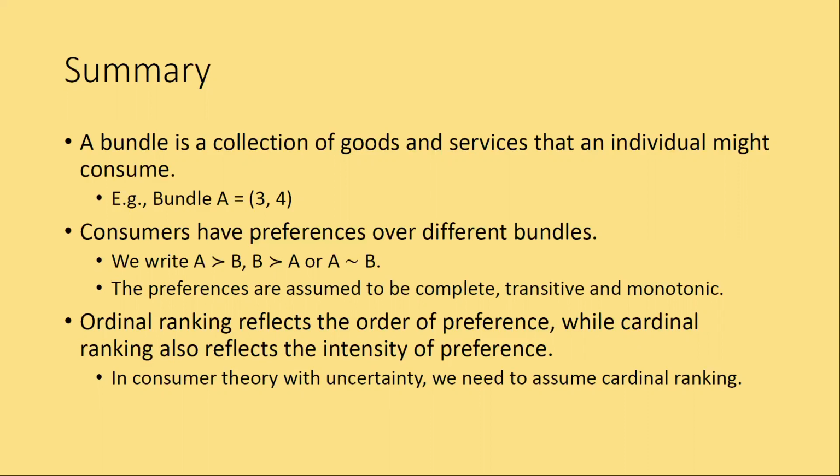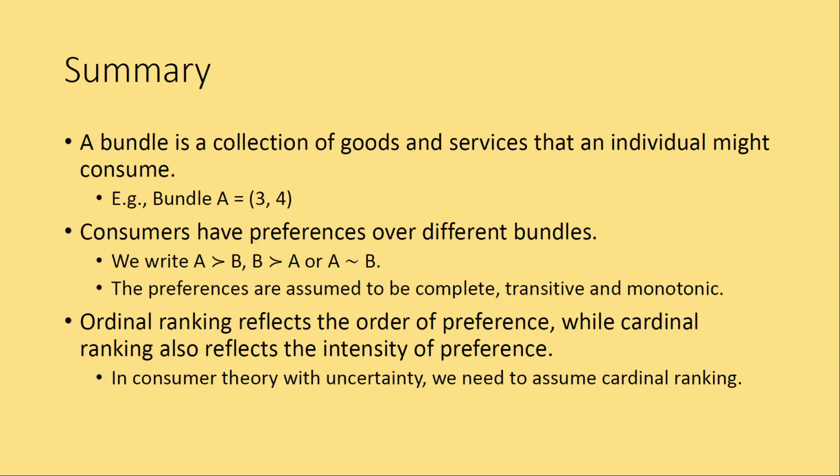And we assume that the consumer's preferences satisfy 3 assumptions, which are completeness, meaning that the consumer is able to make a comparison between any two bundles; transitivity, meaning that if the consumer prefers A over B and B over C, then she must also prefer A over C.